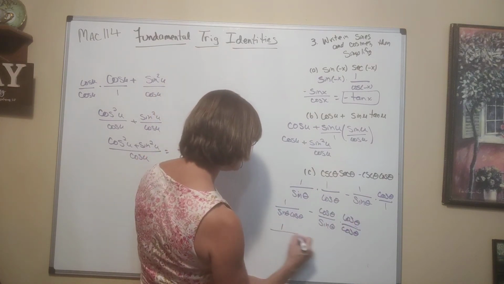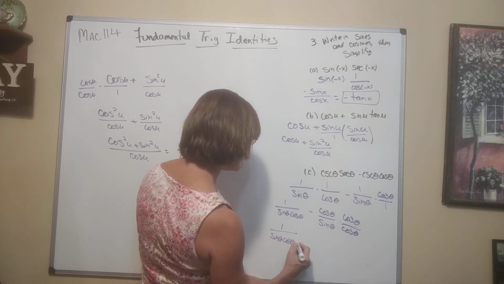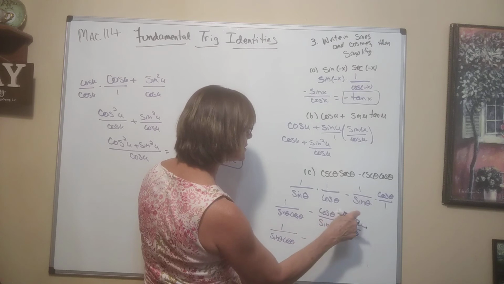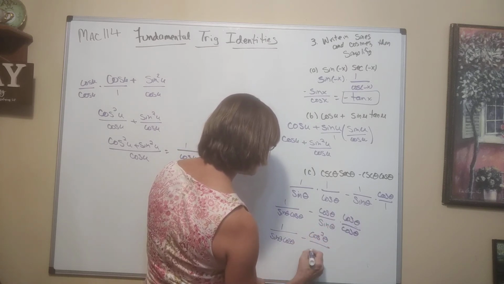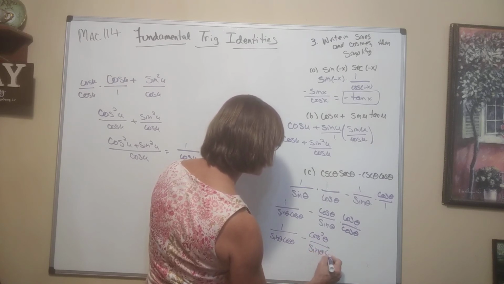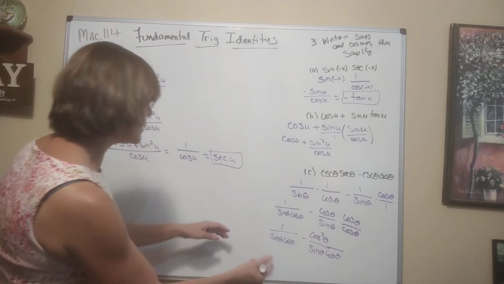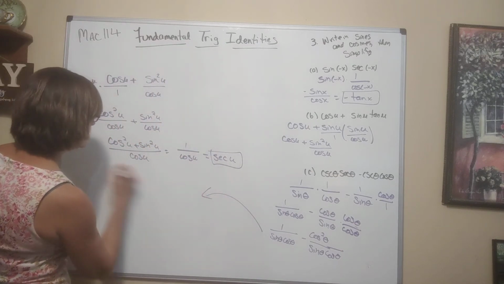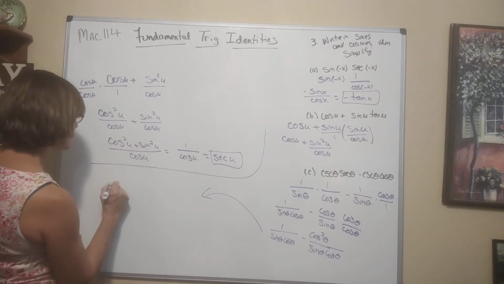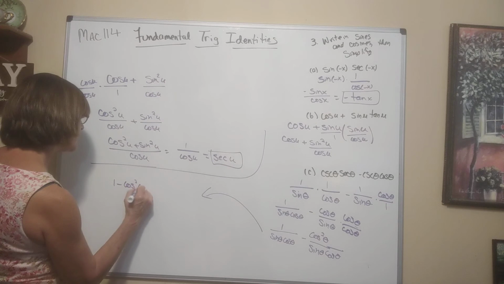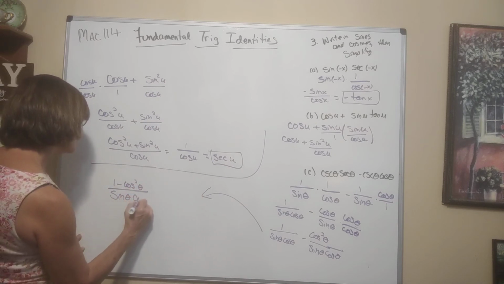So we get 1 over the sine of theta times the cosine of theta, minus cosine times cosine is the cosine squared over sine theta cosine theta. Now they have the same denominator. I'm going to work this way to give myself some room. Okay, ready? I can write that as one fraction. So this is 1 minus the cosine squared of theta over sine theta cosine theta.